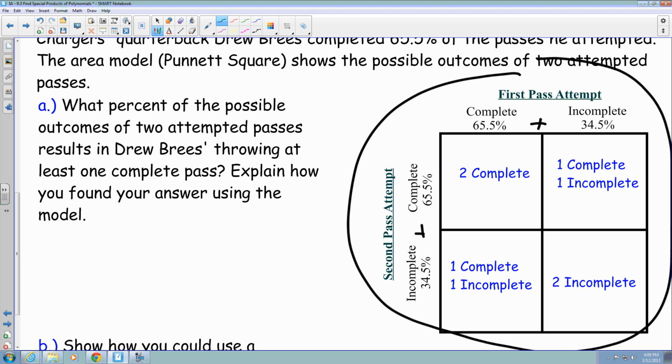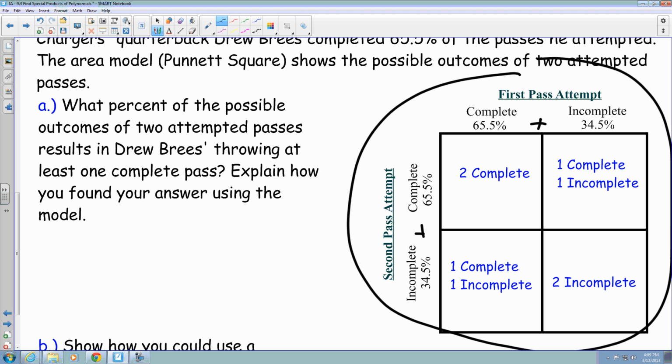For part A, they want us to find what percent of the possible outcomes of 2 attempted passes results in Drew Brees throwing at least 1 complete pass, and explain how we found the answer using this model.